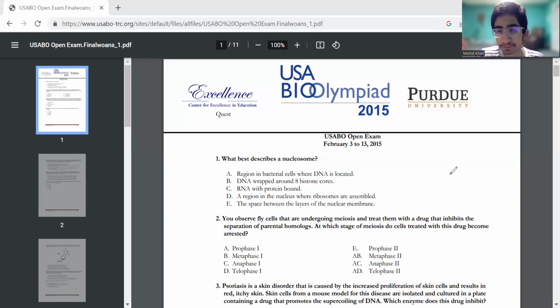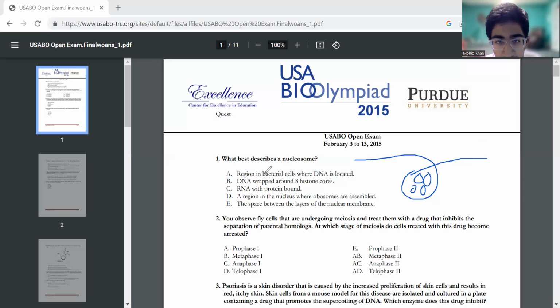It's a unit of a chromosome. You have these histone proteins, and the DNA is wrapped around them. There are multiple of these units, but this one unit is called the nucleosome. So let's see which one fits best.